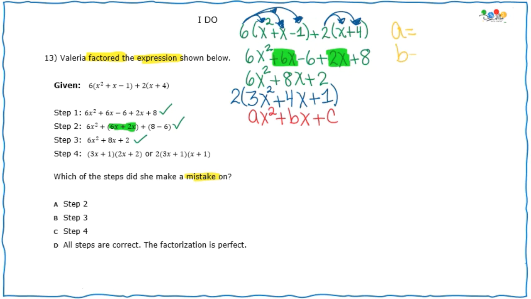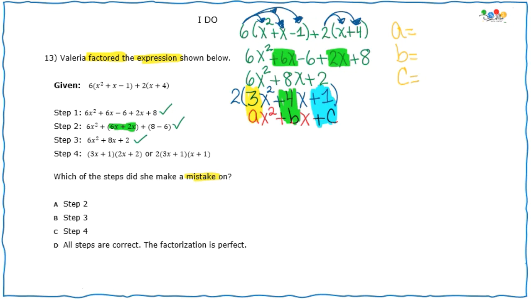I need to know who's a, b, and c. So the 2 outside the parentheses, I'm not going to use it, okay? Just what's inside the parentheses. So a is 3, very good. b is 4, very good. And c is positive 1, right?